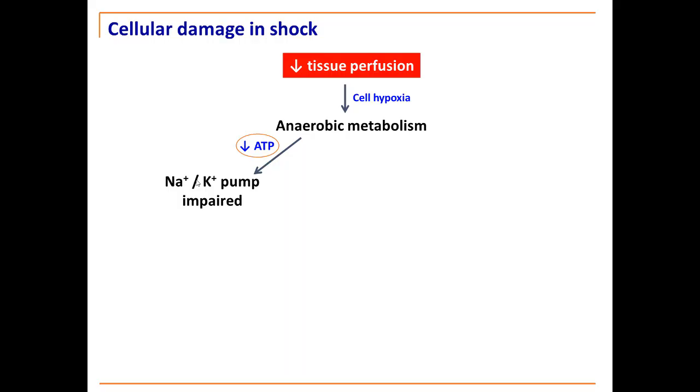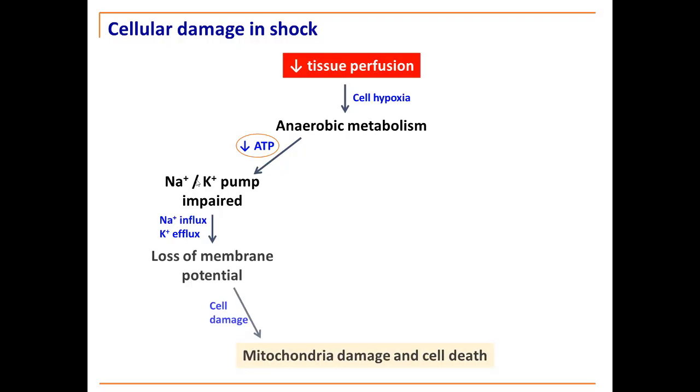Its malfunction leads to an increase in sodium and chloride within the cell and, of course, potassium efflux, and therefore cell damage due to the loss of the membrane potential, i.e. that negative charge. Therefore, cardiac cells and neurons are the most severely affected. So like I said, we're getting sodium influx, potassium efflux, loss of membrane potential, cell damage, mitochondrial damage, and cell death eventually.